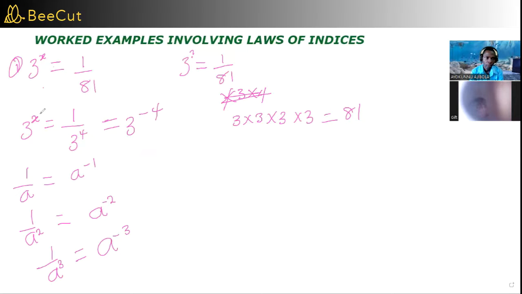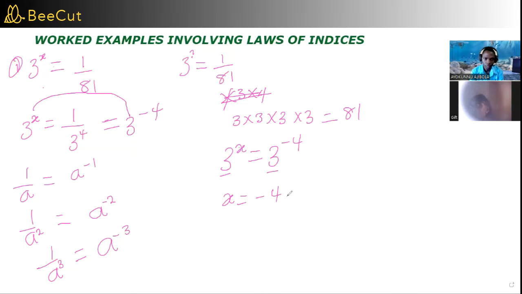So I can now equate this and the third equation, and it becomes 3 raised to power x equal to 3 raised to power -4. And since 3 is the same as 3, then x must be -4. So I can say x equal to -4.